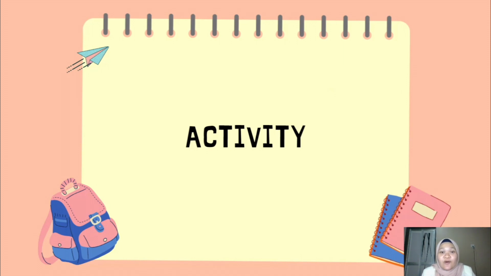I hope all my students are ready. Don't forget to look at your notes as well. Are you ready for the activity, class? Yes, you are ready. So let us begin.